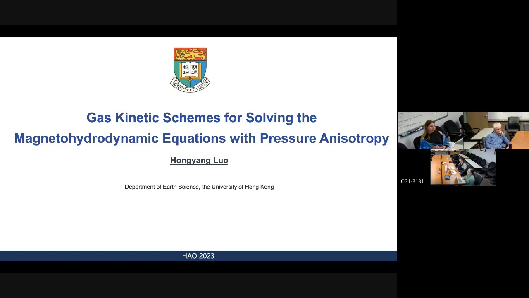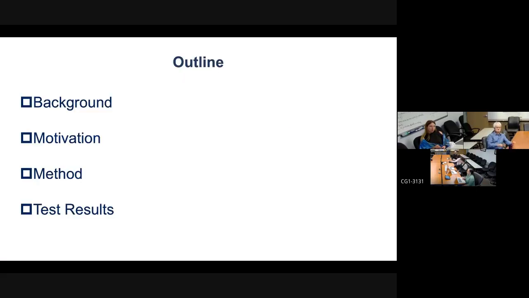Yeah, thank you. So I'll be talking about a new scheme that we have developed recently, which is called the gas kinetic scheme for solving the magnetohydrodynamic equations with pressure anisotropy. So, a quick outline.